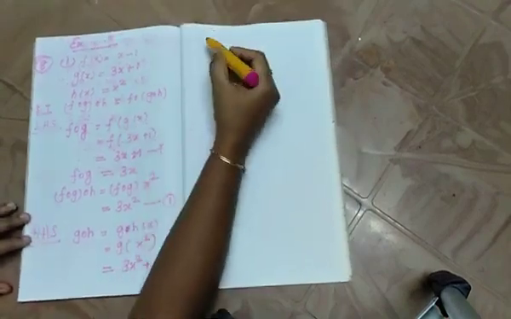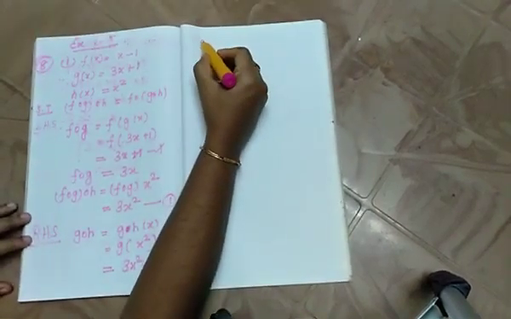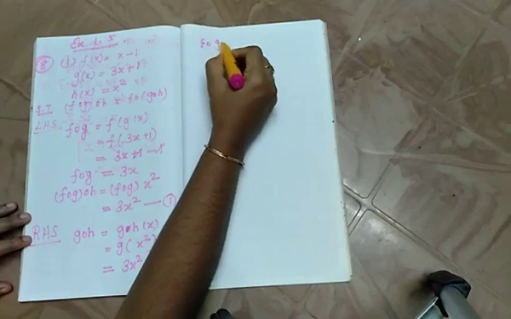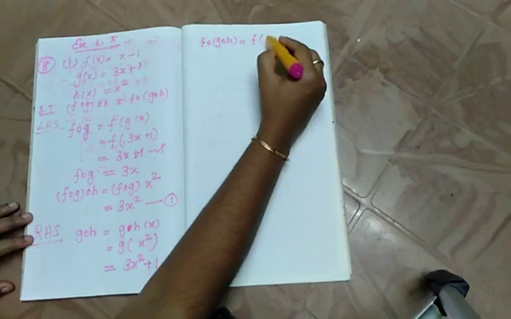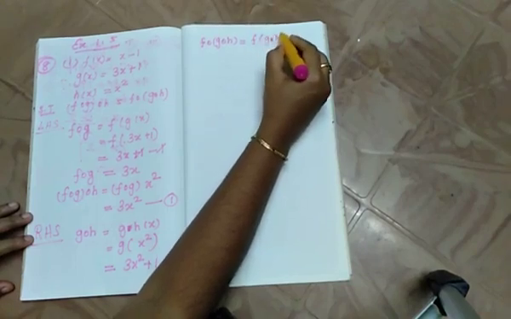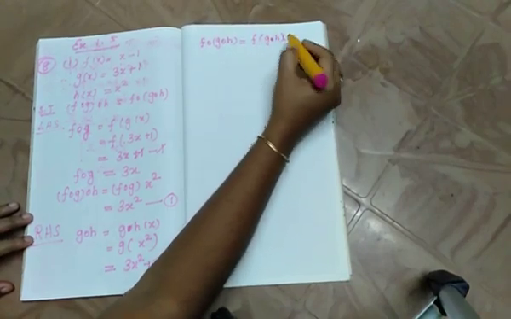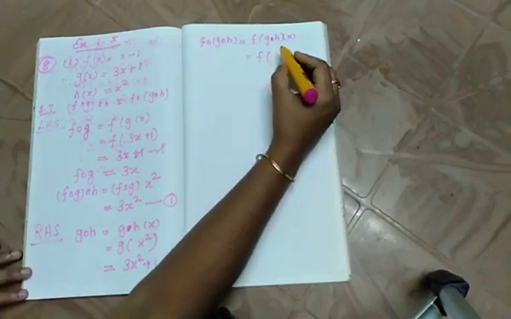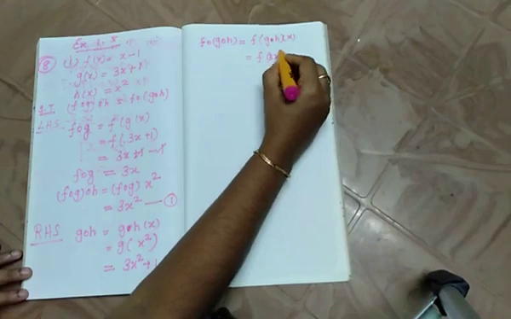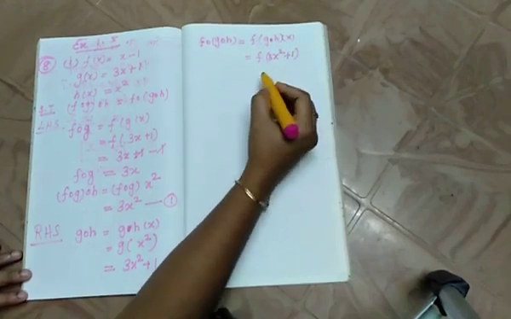Now f of, which is equal to f of g of h of x. So what you will get, f of, what is g of h of x is 3x square plus 1.